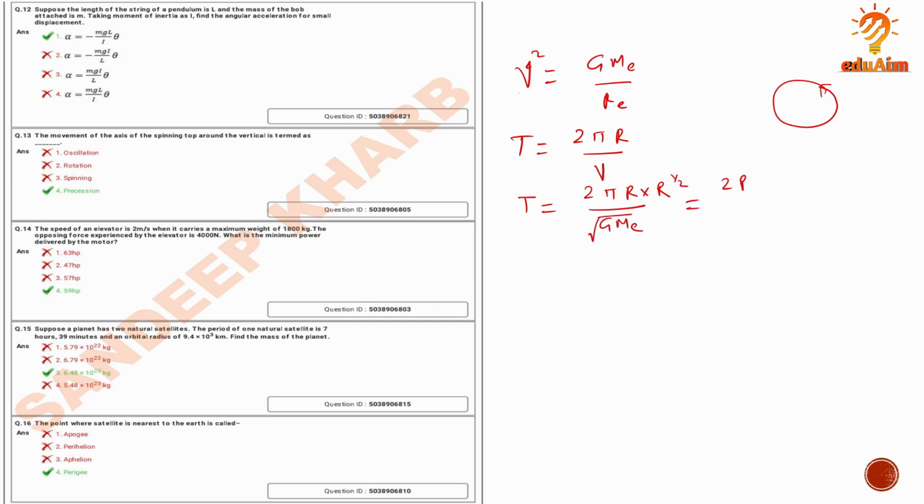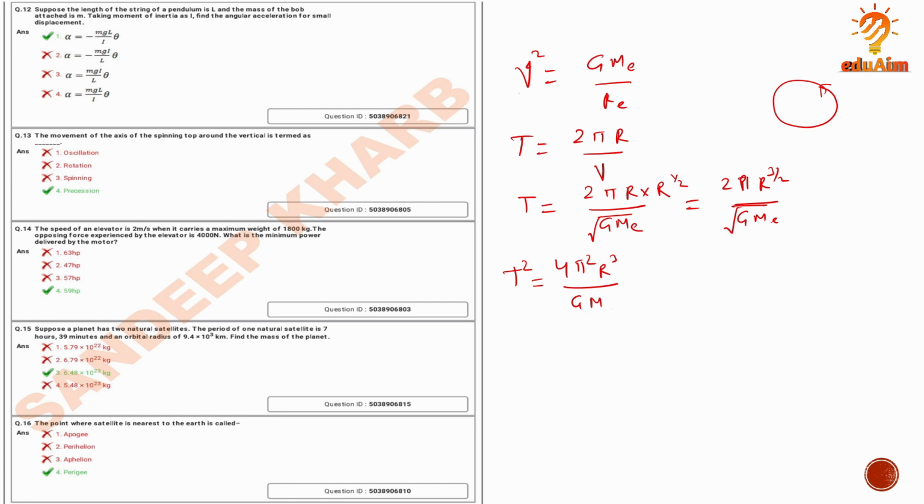It comes out to be 2 pi r raised to 3 by 2 divided by the square root of GME. So if we square T, then we have 4 pi square r cube by GME. So T square is equal to 4 pi square r cube by GM.